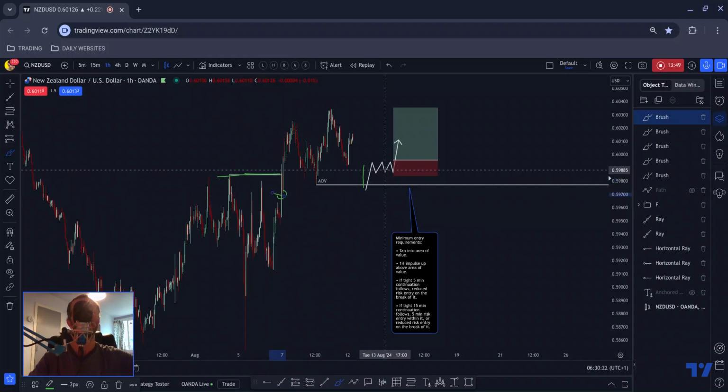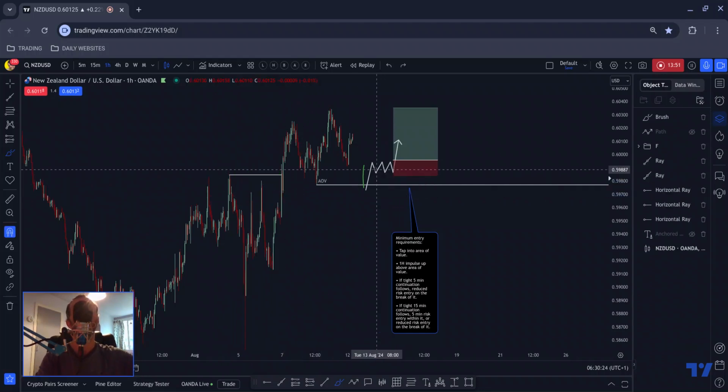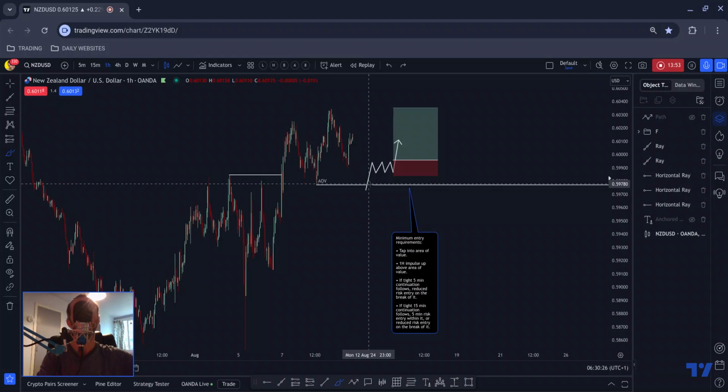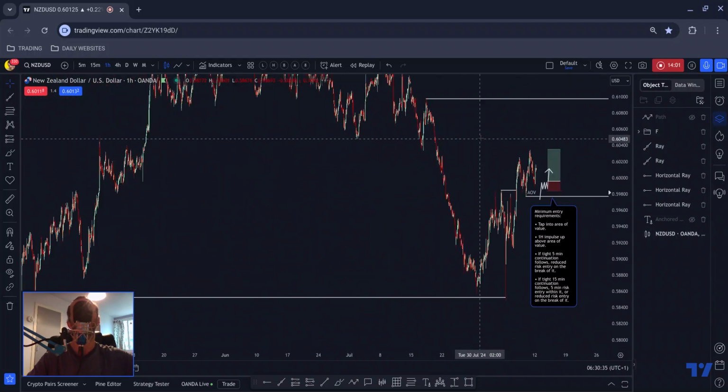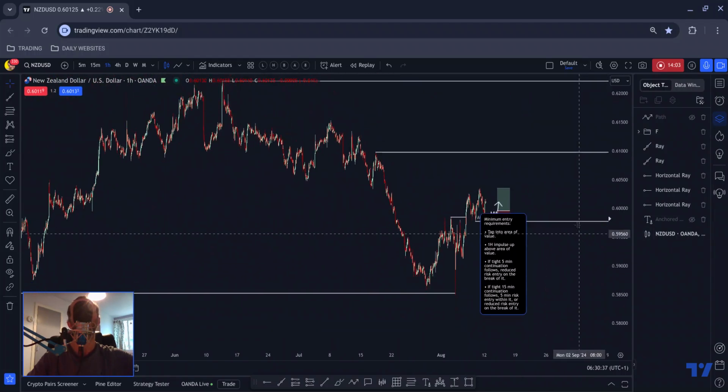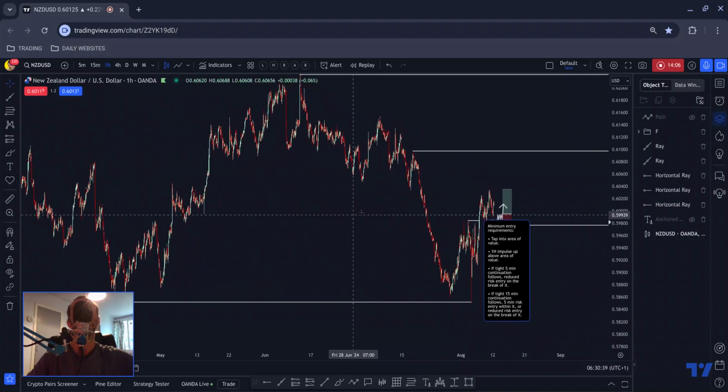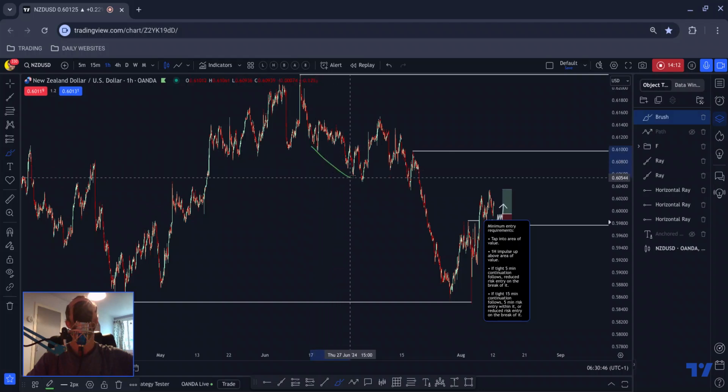So what I'll be looking for is a tap into this area, followed by the push up and the 5-minute or the 15-minute continuation, and then I'll be able to manage it up to here for something in the region of 3.3. And my target in this instance, just because this is where price could pull back deeply, would be this high here. The reason being is because you've got all of this structure here.